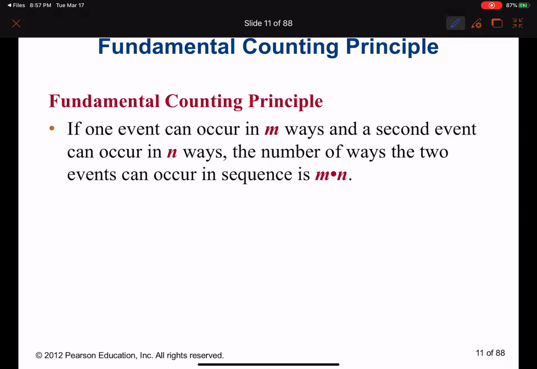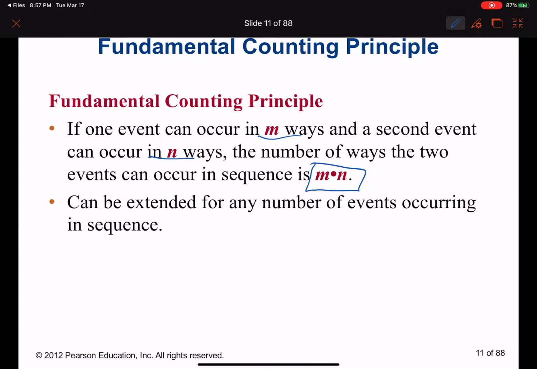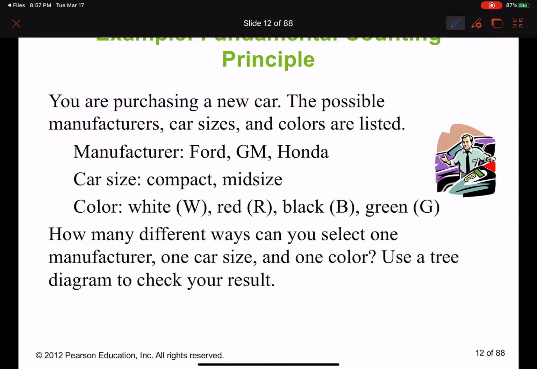So finally we are getting to the fundamental counting principle. It says if one event occurs in m ways, and a second event occurs in n ways, the total number of ways that includes every single case is going to be m times n. So let's do it based on examples so we can understand. Here is an example.